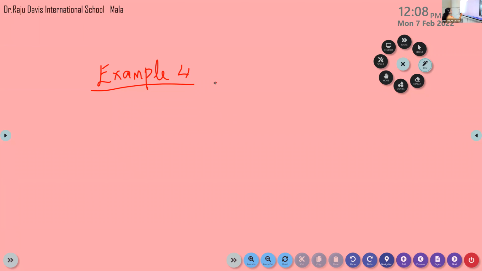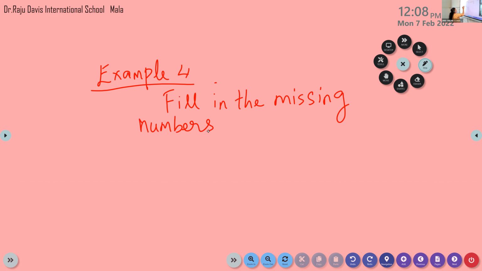Fill in the missing numbers. 14 divided by 21, something is missing here. Divided by 3. Again, here is 6 and something is missing here.